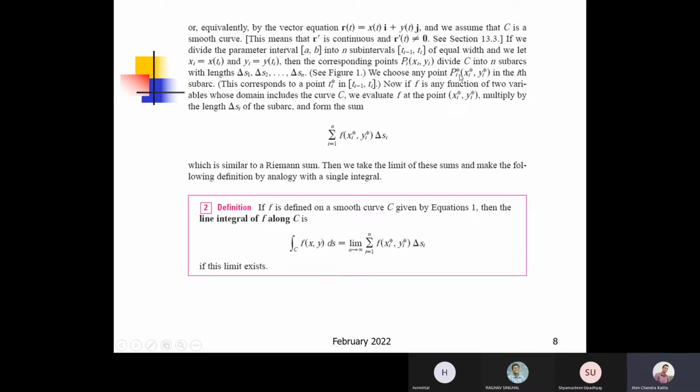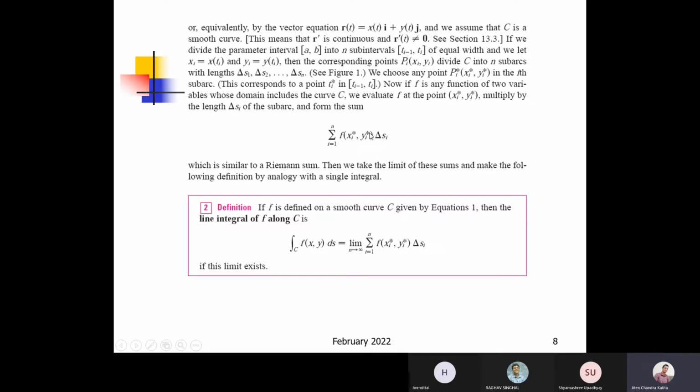Then we are choosing any point Pi, xi, yi in the ith sub-arc. And this is very important: if f is any function of two variables whose domain includes the curve C, we evaluate f at the point xi star, yi star, and multiply it by the length delta Si. Right now it may seem that this is simply an ordinary product of f of xi star, yi star and delta Si.